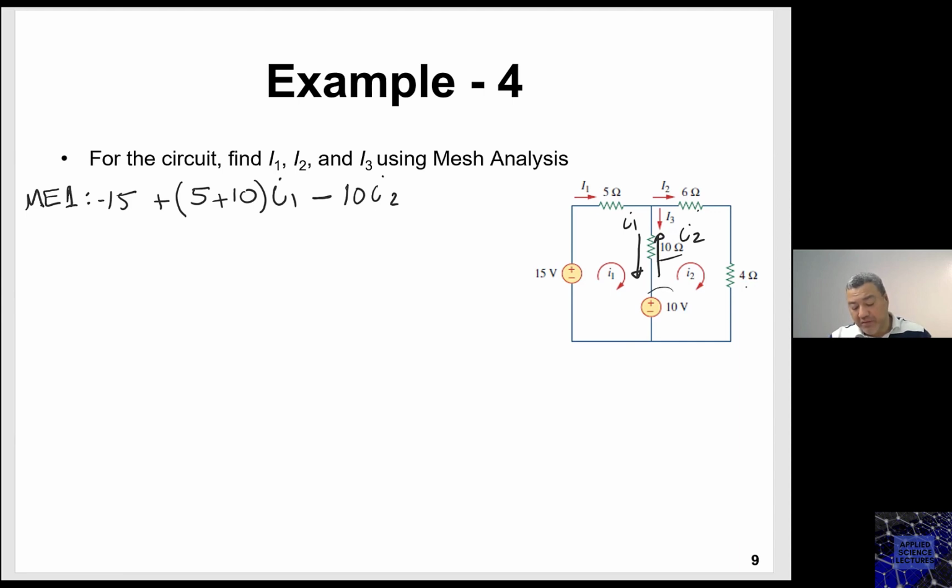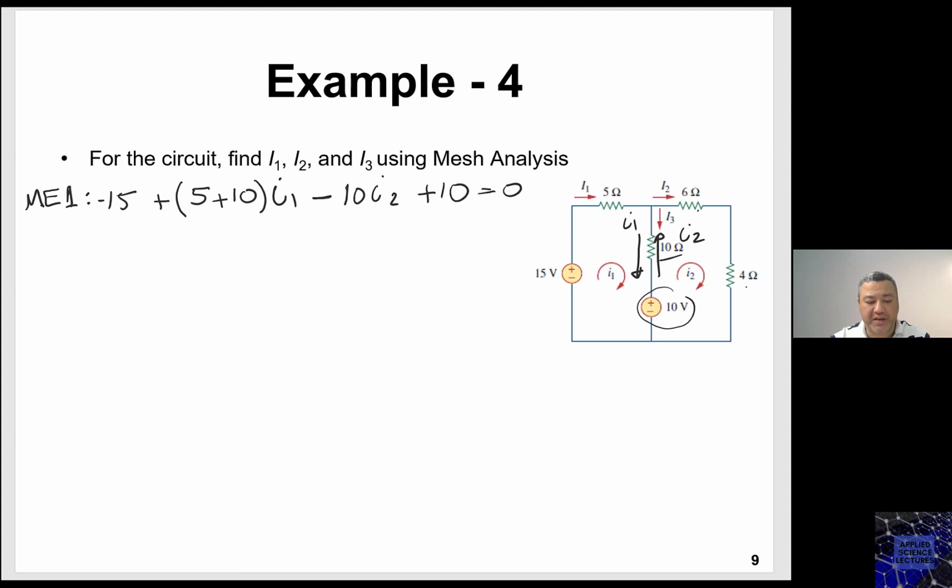Sure, in the 10 volt. So I still need to write plus 10 equals to 0. Is that clear now, Patrick? Yeah, it makes more sense. Thank you. Okay, you're welcome.